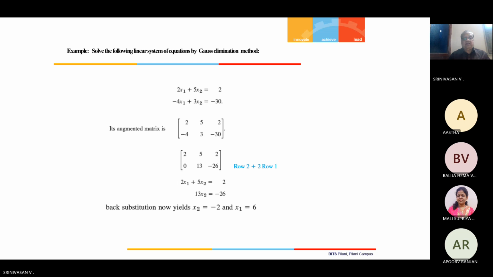This is equal to, and here it is better you make a demarcation. This now gives a clear picture of your augmented matrix.